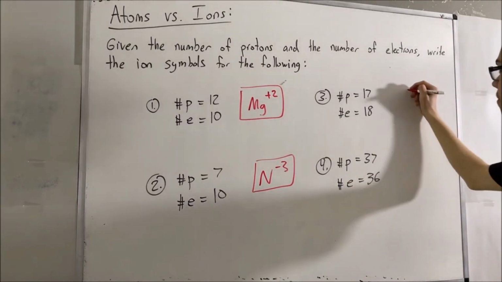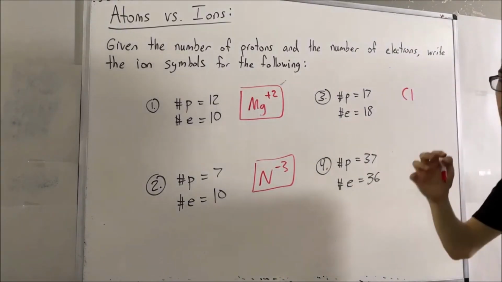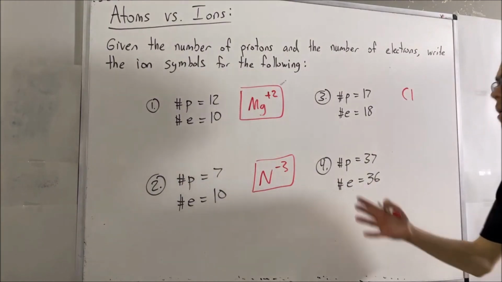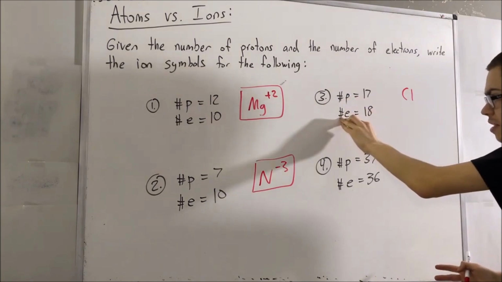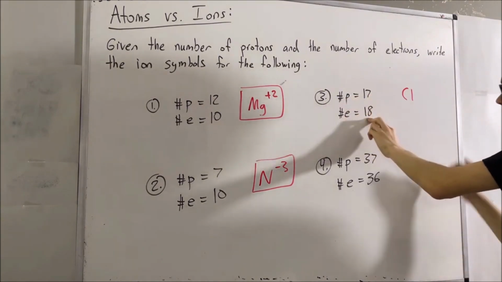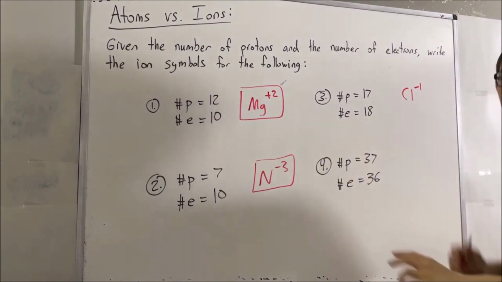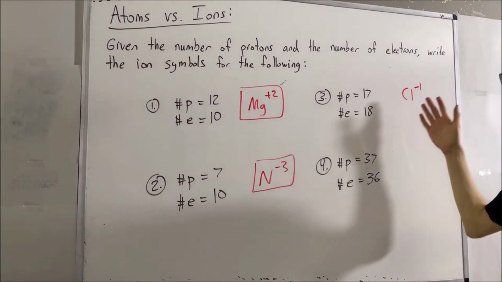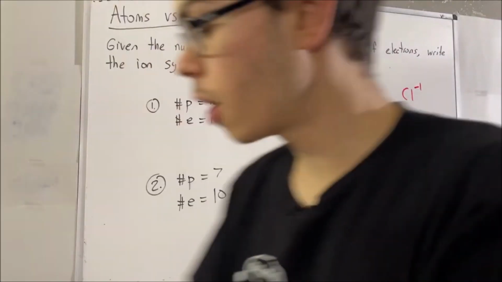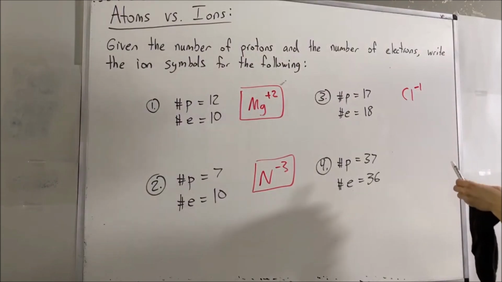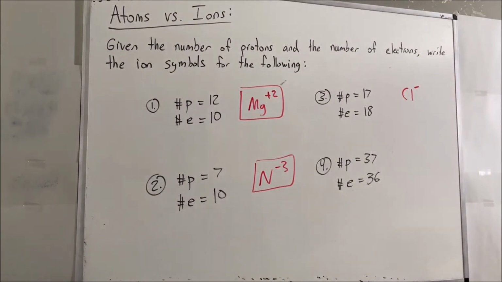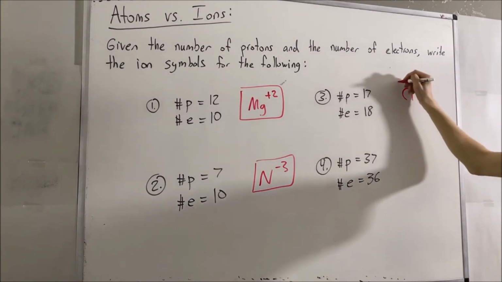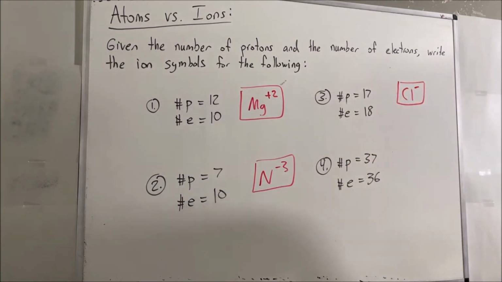So our element symbol is Cl, and now all we need is the charge. To get the charge, all we do is number of protons minus the number of electrons. So really, 17 minus 18 gives us a -1 charge. Again, when writing ion symbols, what you'll often see is that the number 1 is omitted. So I'm just going to write it like that. And so this is the ion symbol.